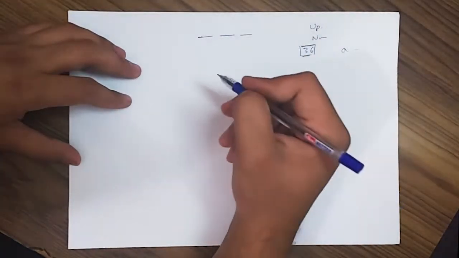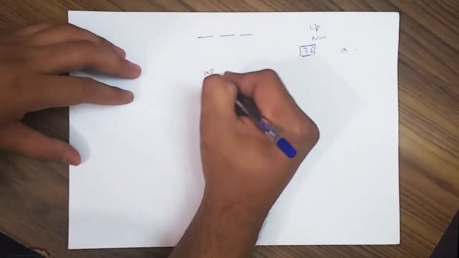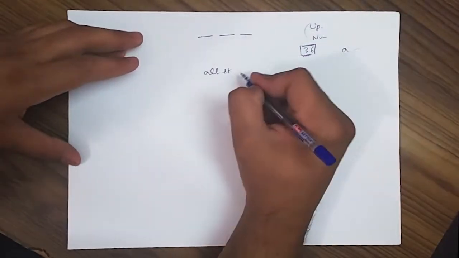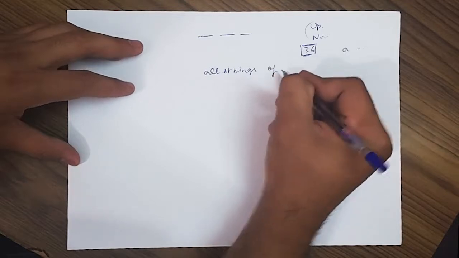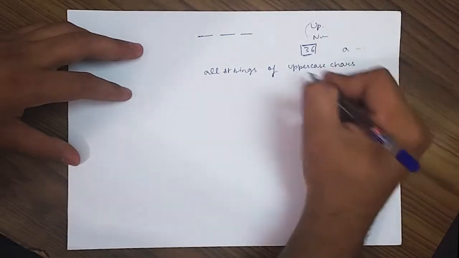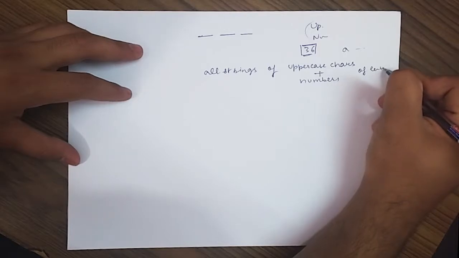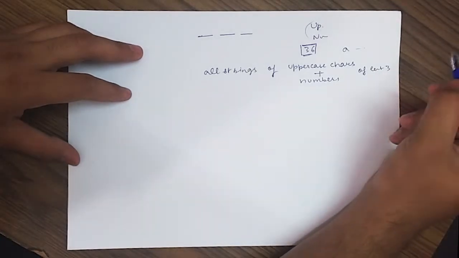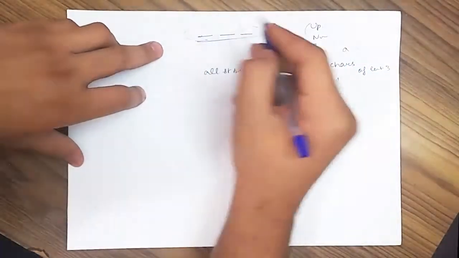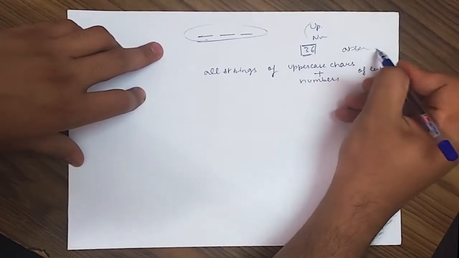So what we will do to find the answer is that first we will calculate the number of all strings of uppercase characters plus numbers of length 3. This will include all the strings without this restriction. It will also include strings that have no numbers in them, that don't follow this condition of at least one number.